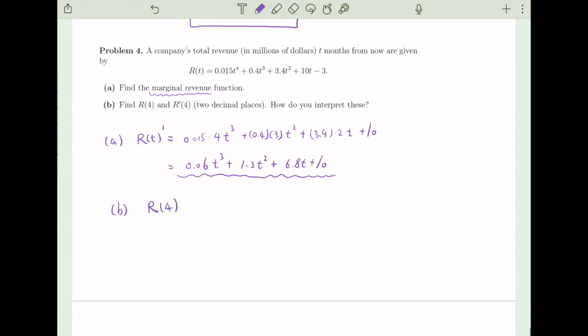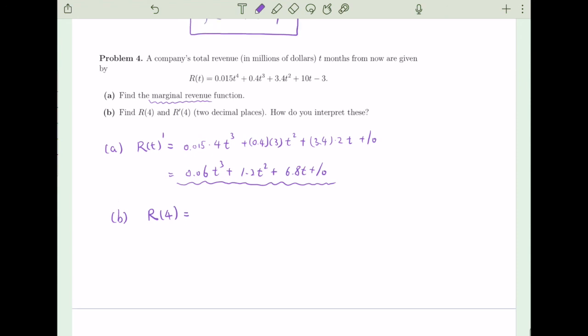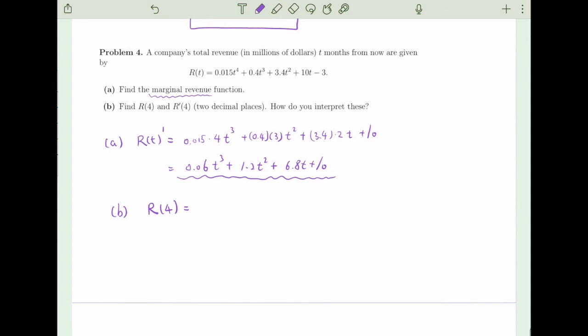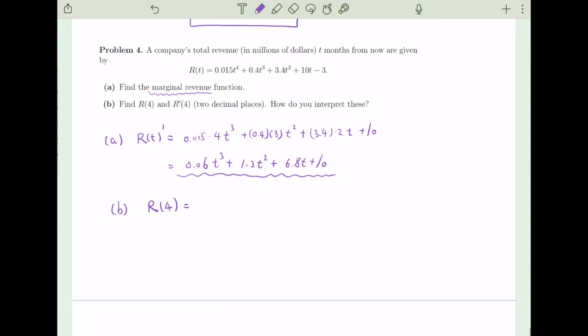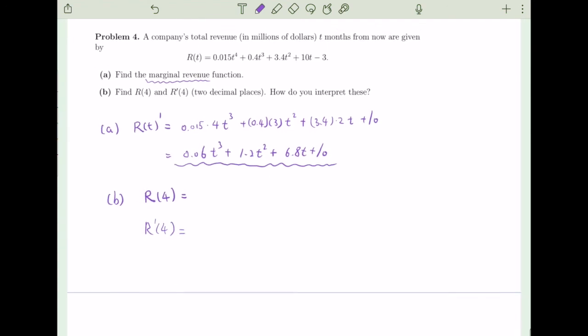R of 4 is equal to, so I don't have a calculator here, so this is kind of difficult to compute by hand. So I will leave them for yourselves. I will let you know how to interpret these.